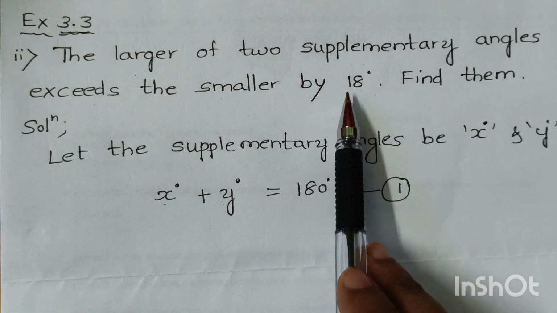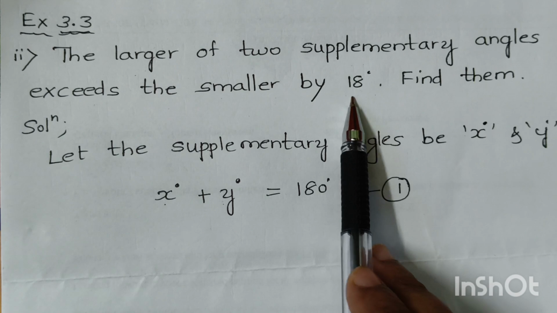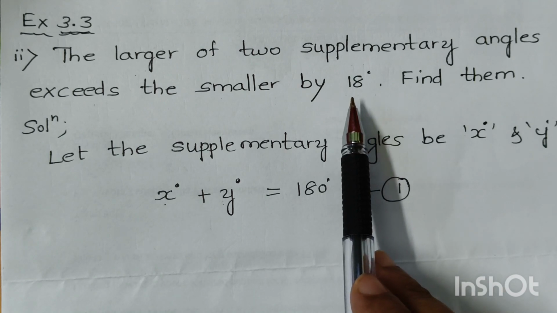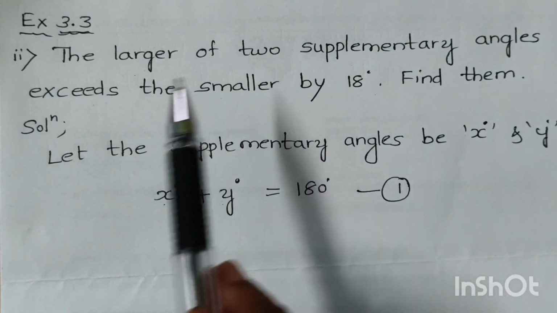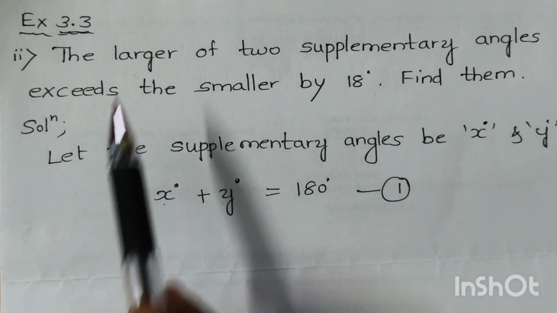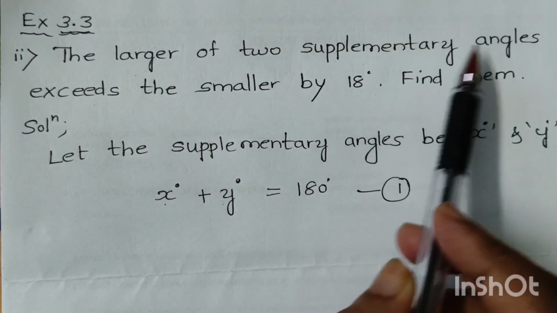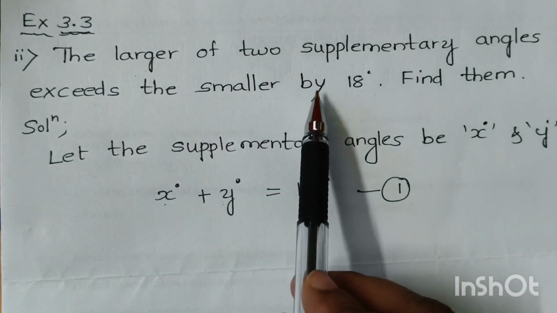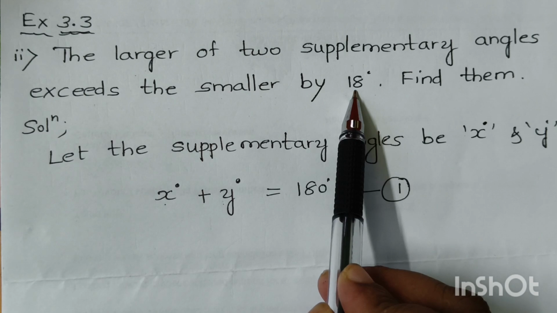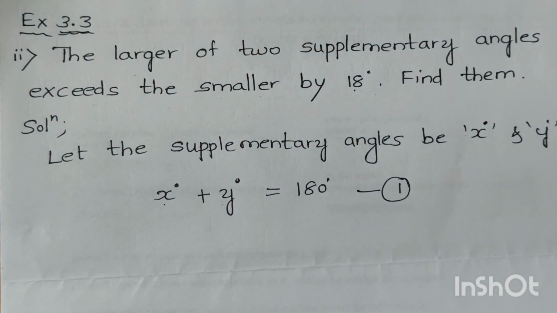They are saying 18 degrees more. That is the meaning of this sentence. Let me read it once again: the larger of two supplementary angles exceeds the smaller by 18 degrees. The meaning is that the larger angle is 18 degrees more than the smaller angle.